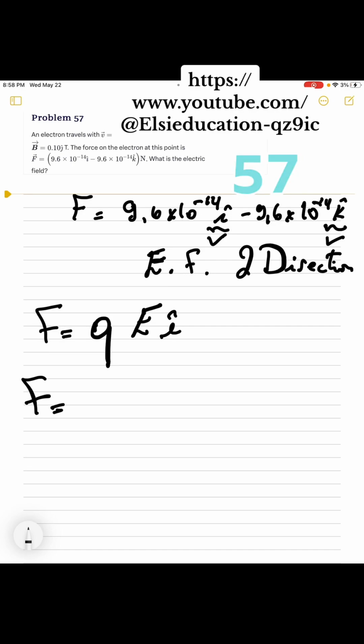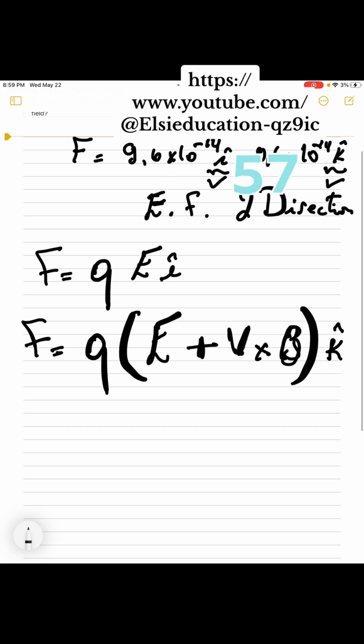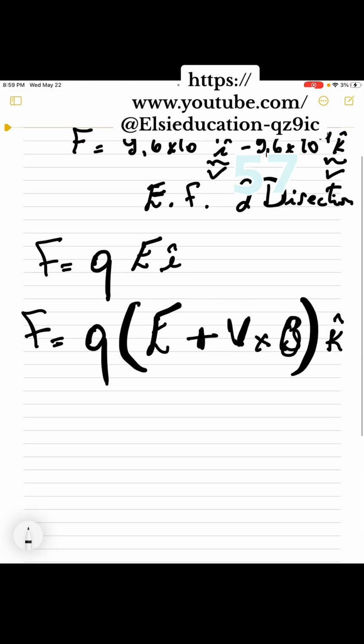And for the other direction, it's going to be the force equal to the charge multiplied by whatever is inside this. We're going to use this formula to find the electric field in the k direction.